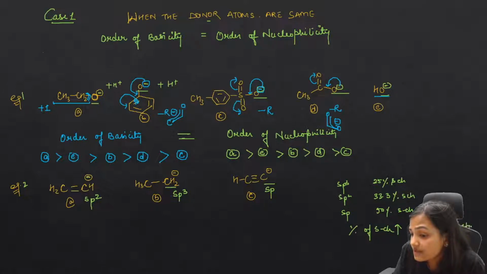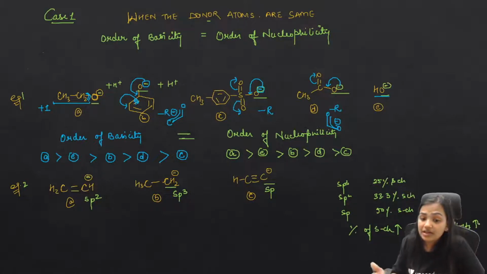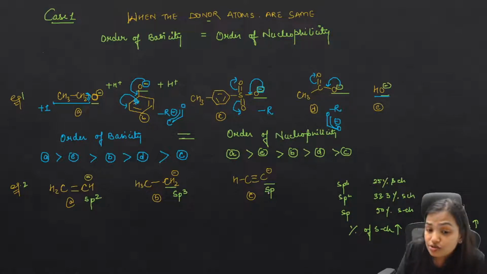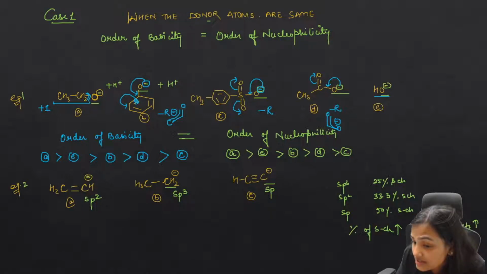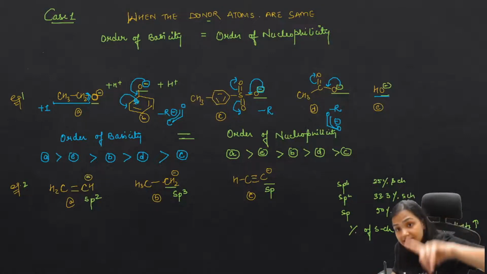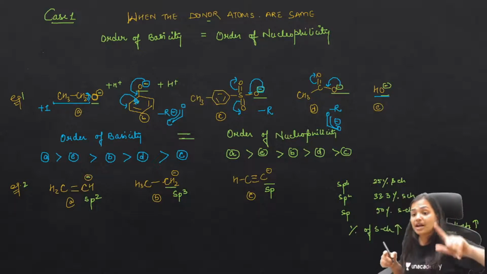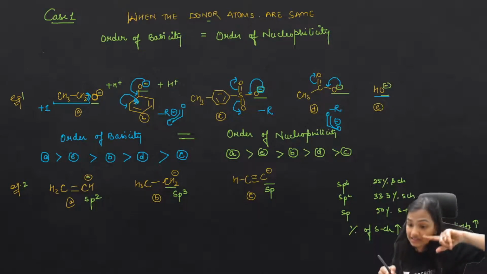So in the case of sp we have the maximum percentage of S character, so this is strongly electronegative. Negative charge gets stabilized over the electronegative atom, so ultimately it is going to be a poor base. When the electronegativity increases, the basic character decreases. You know about it: electronegativity increases, acidic character increases, but basic character decreases.